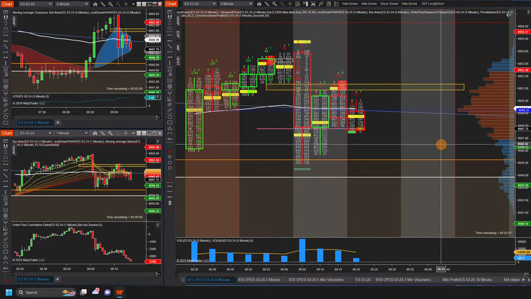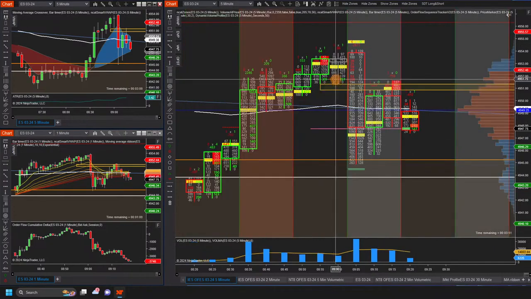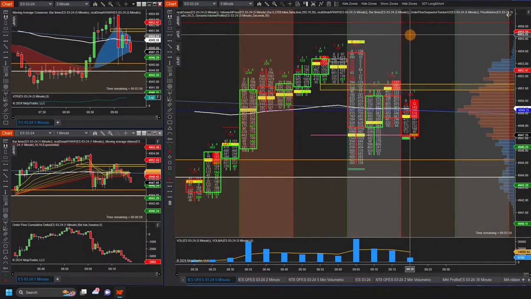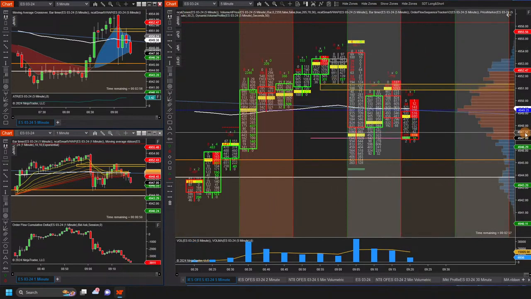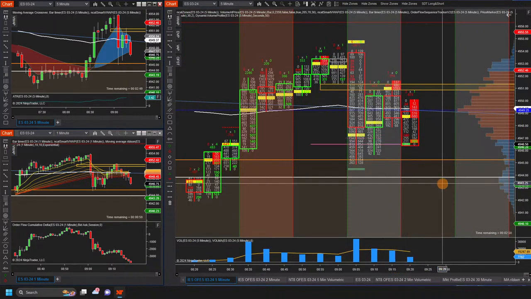When the 9:30 half-hour bar closes, we'll go ahead and throw that volume profile on the opening range, and we'll see what levels we get, but it's going to be a very tight range if something doesn't break soon.